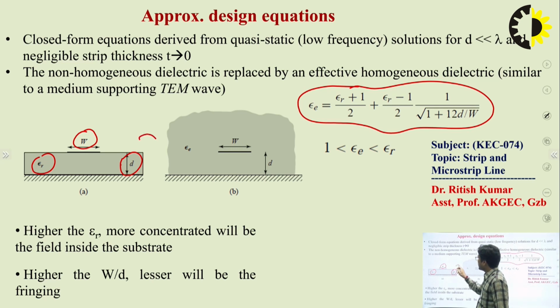If I correlate this with the strip line, the effective relative permittivity surrounding this strip line is known as effective relative permittivity, while all the rest of the parameters will be the same.